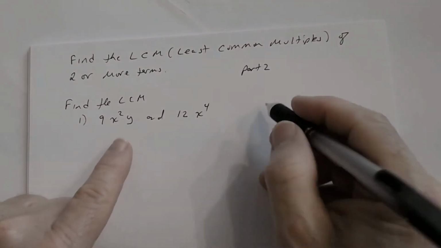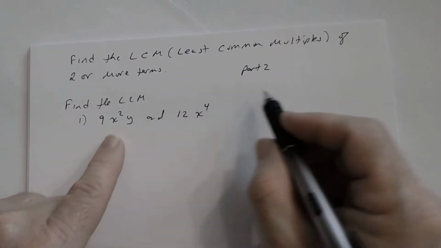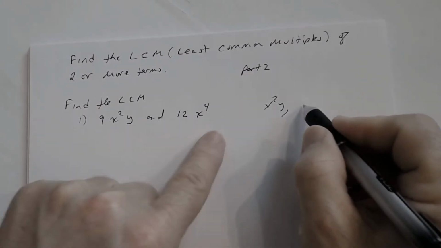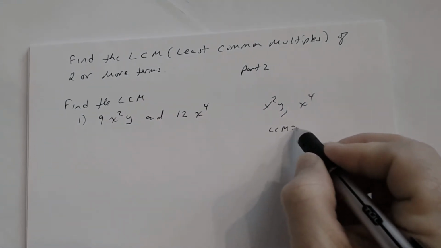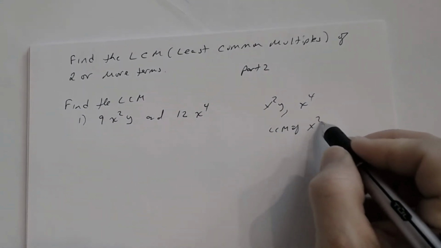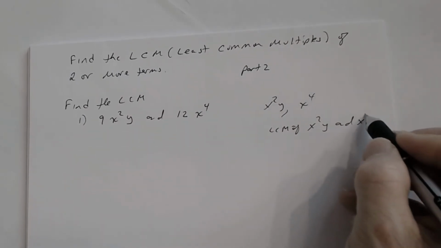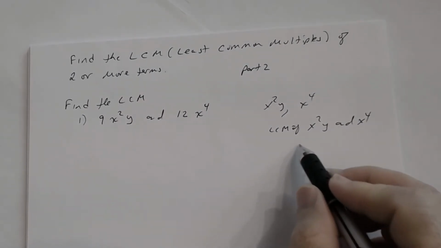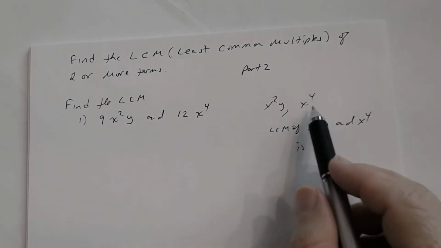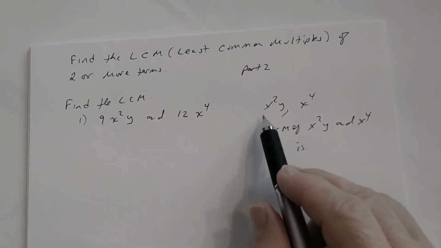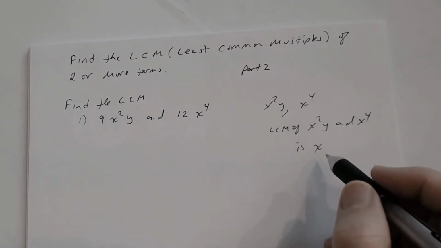So if I go back to here now, let's talk about x squared y and x to the 4th for a moment. So the least common multiple of those must include every factor you see. So I see a factor of x, I've got to use it. The question is, how many do I need?